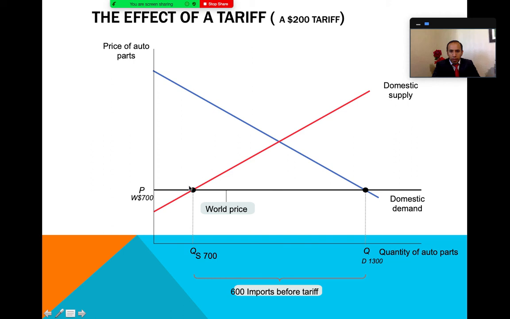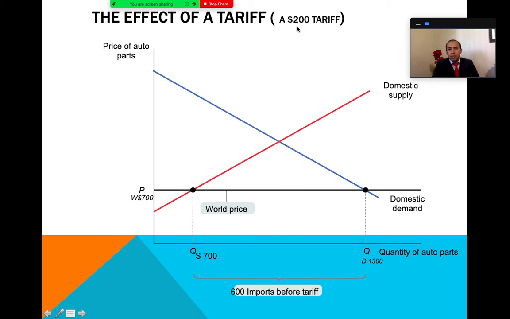At that low world price, your domestic producers are producing only 700 units, and their production is very low. You're importing a lot, 600 units from the foreign sector. Your consumers want 1,300, and out of those 1,300, your producers are only supplying 700. You have a lot of imports.